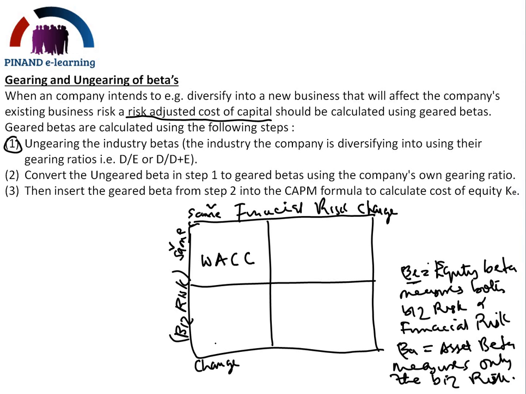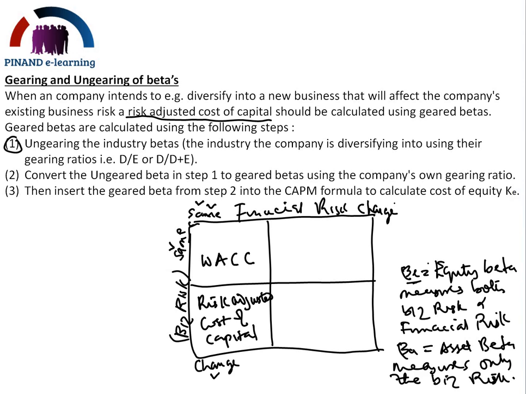If your financial risk is the same, and your business risk is going to change for any reason, then you will need to calculate a risk adjusted cost of capital.